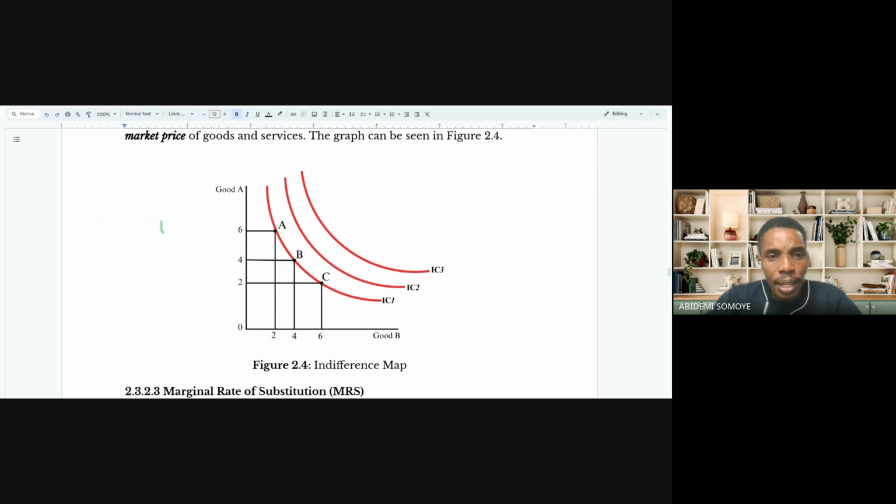What that is telling you is that for me to have an extra 2 units of this, I have to give up 2 units of this. From A to B, the marginal rate of substitution will be 2, or minus 2. So I have to give up 2 to have an additional 2 of good B. That's what it means when we say the MRS measures the slope of the indifference curve.